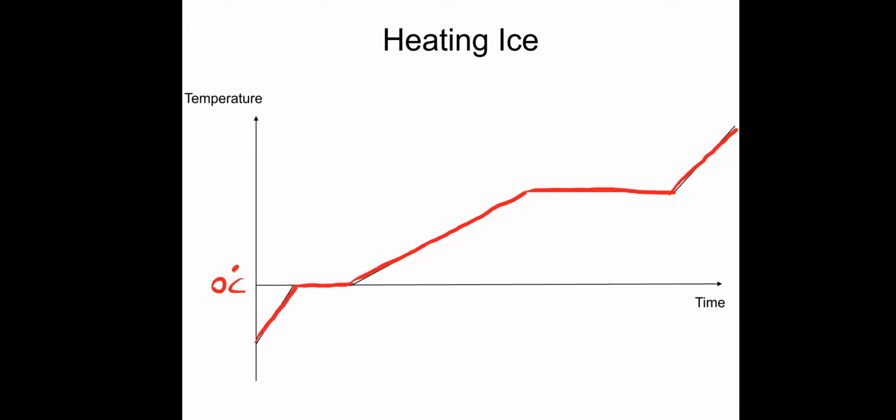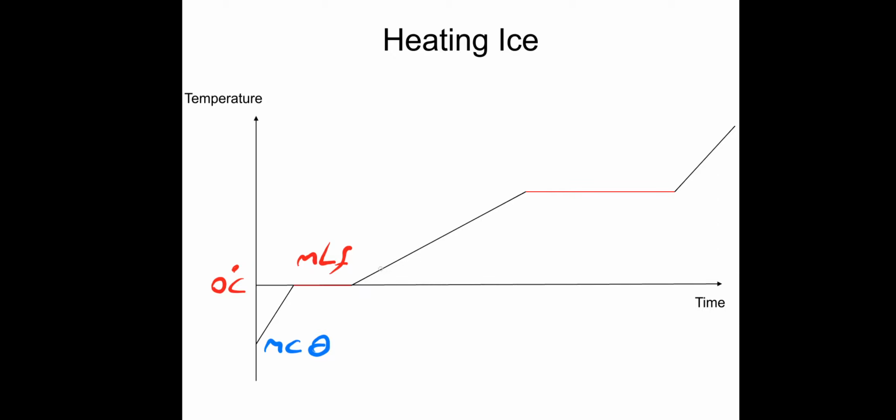I'm going to link this to the equations. This first region, because it's a change in temperature, will be mc theta. This flat region is a phase change, so that will be mass times the latent heat of fusion.